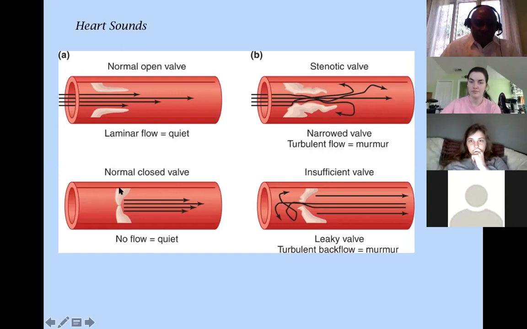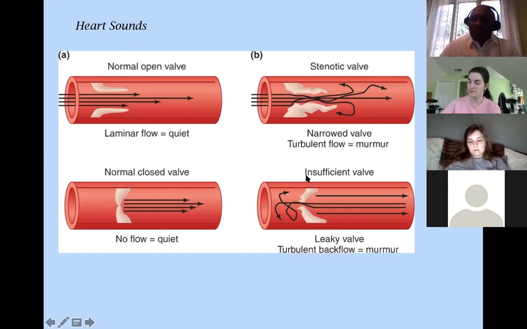Now, below you have the normal closed valve. So when the valve is closed, there's no flow, so it will be quiet. When the valve is open, there's laminar flow, it's quiet. So in both cases, you have no abnormal sounds. Whereas in a stenotic valve, you have turbulent flow, which are called murmurs.